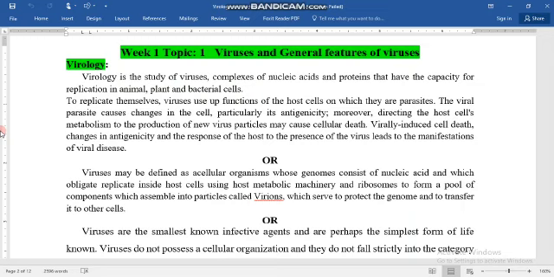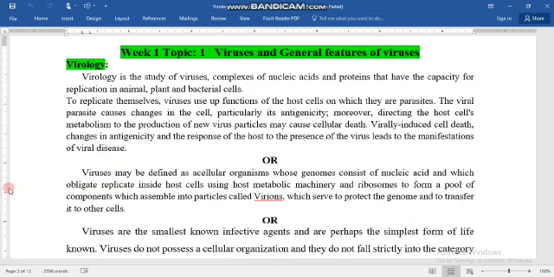If we discuss viruses, they do not contain any type of cellular organization, meaning there is no cell wall. We can't see any cell membrane or cytoplasmic organelles, etc. According to the cell theory, viruses are acellular particles.